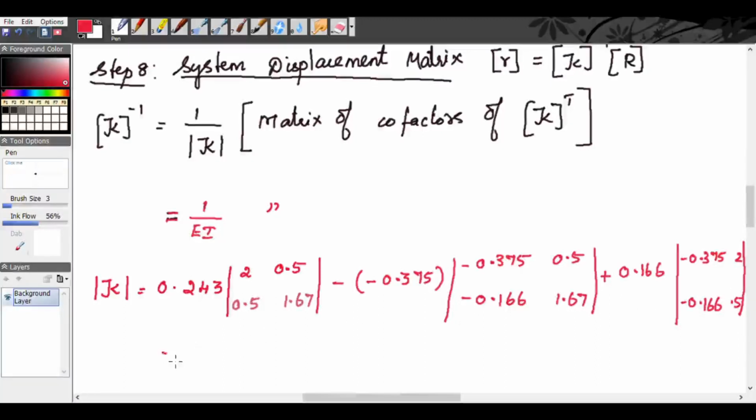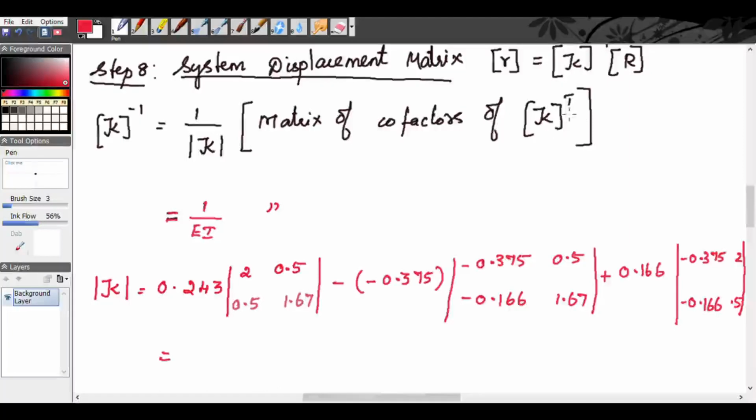Okay, so you can find the value. You can find what is determinant of K. Now you have to find, so determinant of K is over. Now you have to determine the matrix of cofactors of K transpose. Remember, matrix of cofactors of K transpose.